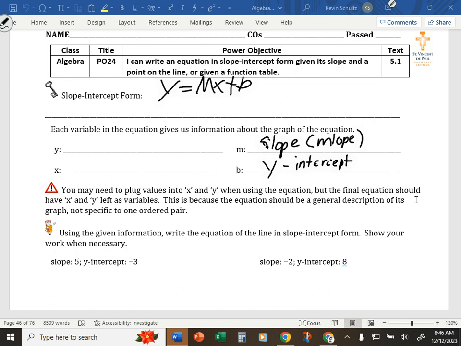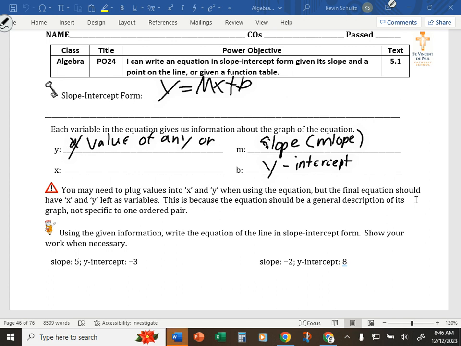You have a question? So the y variable in slope-intercept form represents the y value of any ordered pair that's on the line. That's what I was gonna guess. Yeah, okay. So the y variable represents the y value of any ordered pair on the line.